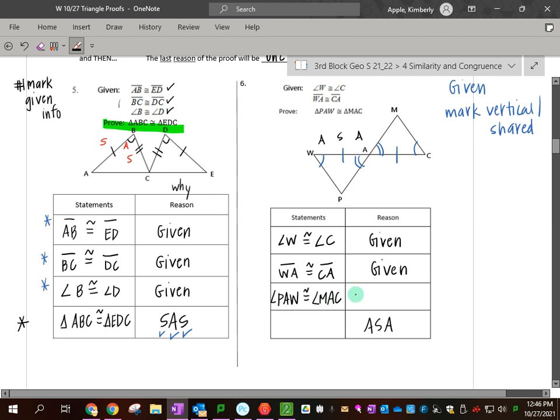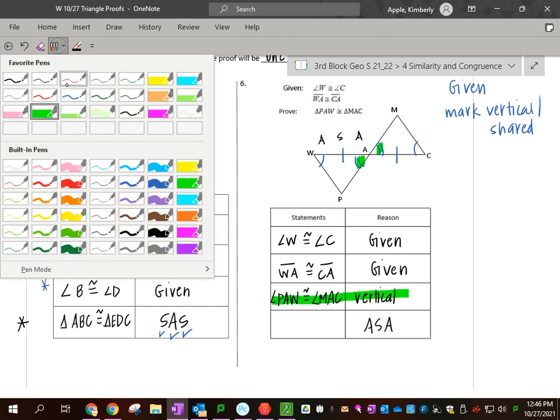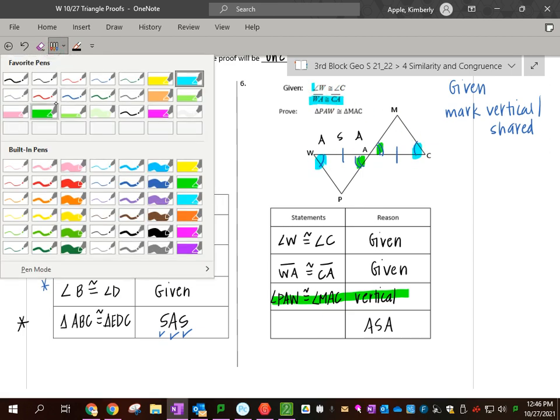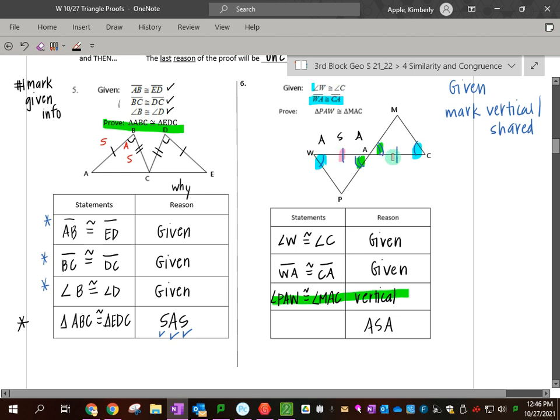Vertical angles, good. I made those marks right here not because it was in the given statements, but because I know vertical angles are congruent. That is the justification for that.